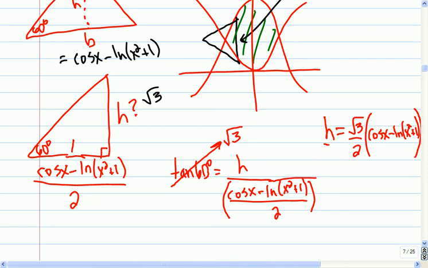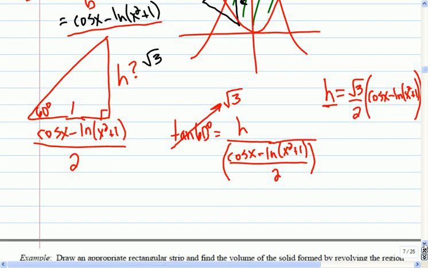Okay, so now I have a height, and I have a base here. So I can come up with a formula, and again, this is not one you'd be doing on your own, you'd be using the calculator for it. So I have this area of a triangle is 1/2 base times height. So 1/2 times root 3 over 2 is 3 over 4 when I pull the constants out.